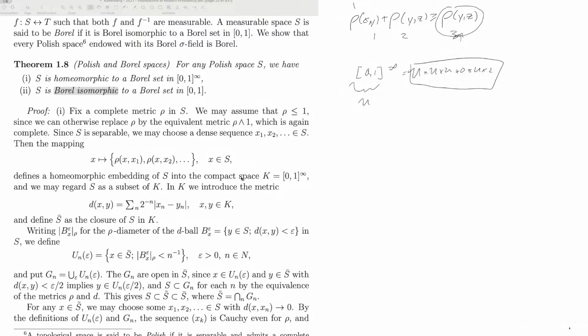This is a weird one. And the mapping X to... I just don't think that should be a set. I think it should be a sequence here. Defines a homeomorphic embedding of S into the compact space.